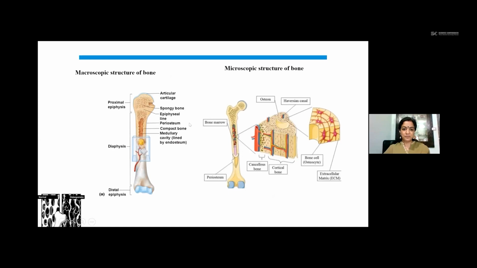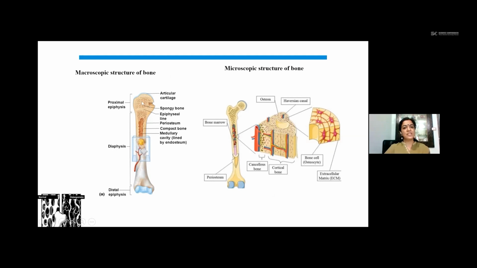Another thing which is again very important here is the macroscopic structure of bone and the microscopic structure. Let us first have an understanding of the macroscopic structure. If all of you can see in this slide, this is a diagrammatic representation of how bone looks and what the different components are. This is the external portion, a representation of the long bone.